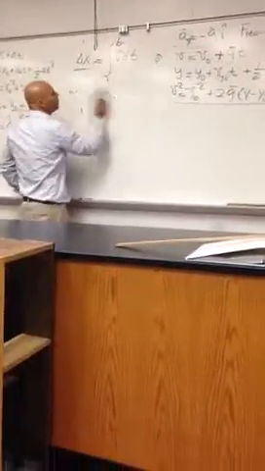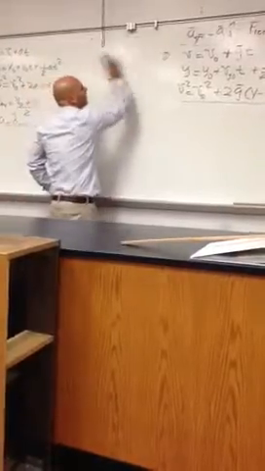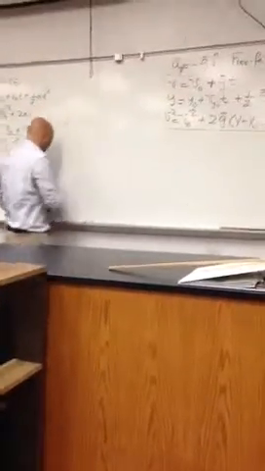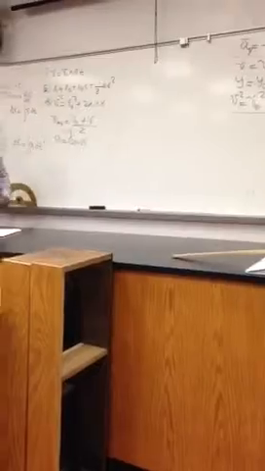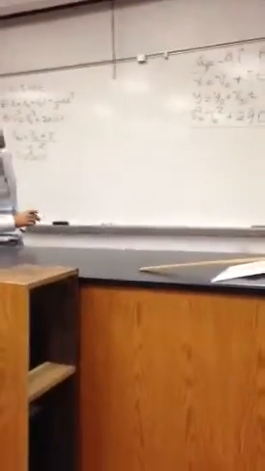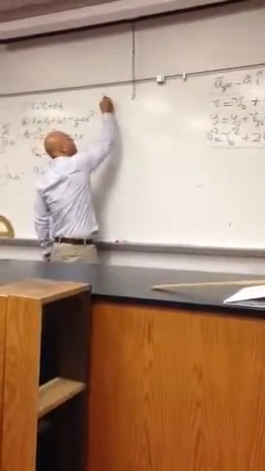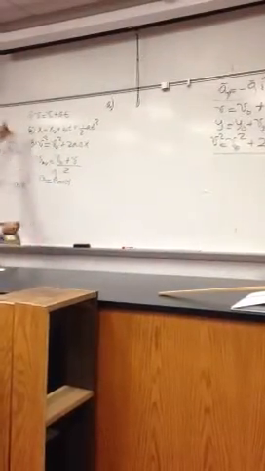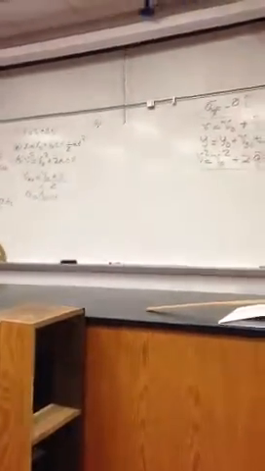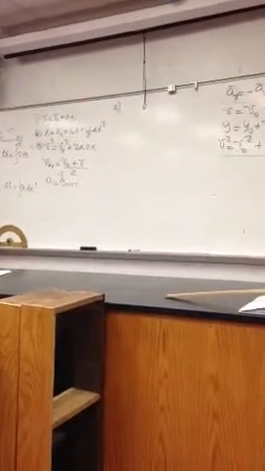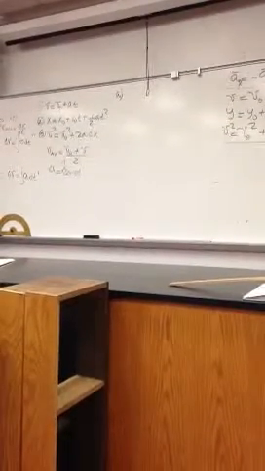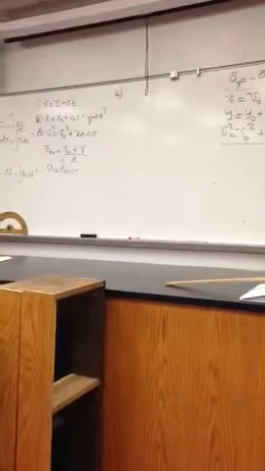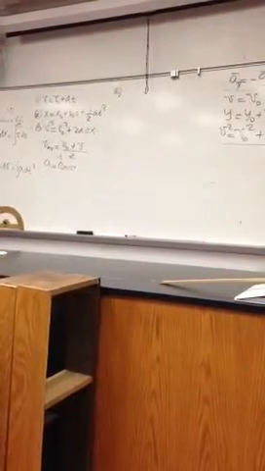This general problem is just to understand the process of free fall, how to describe the motion in free fall. Let's start with A. Find the time. How can we find the time? Let's look at the equations.